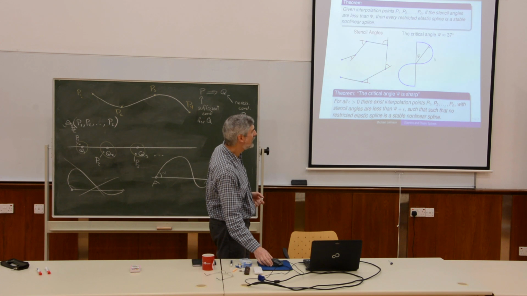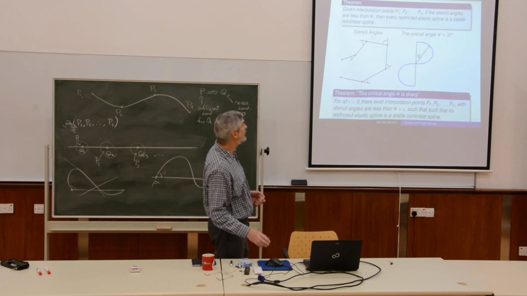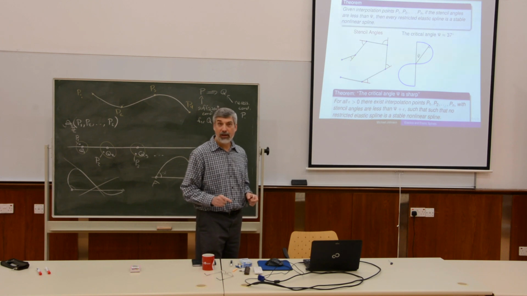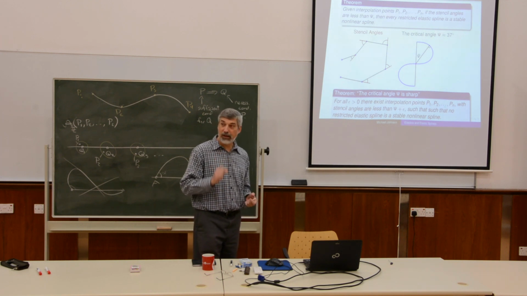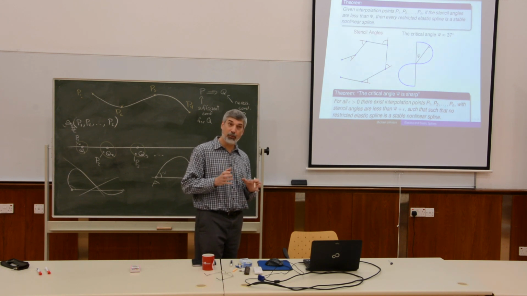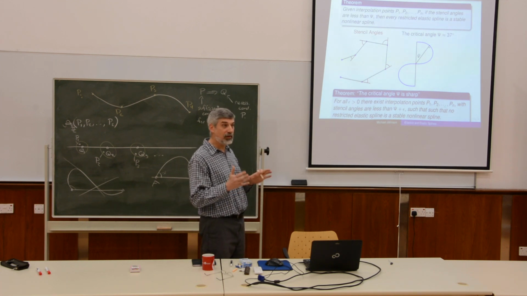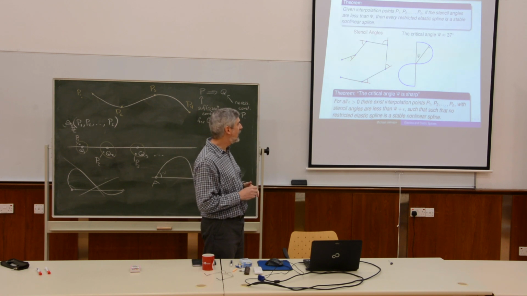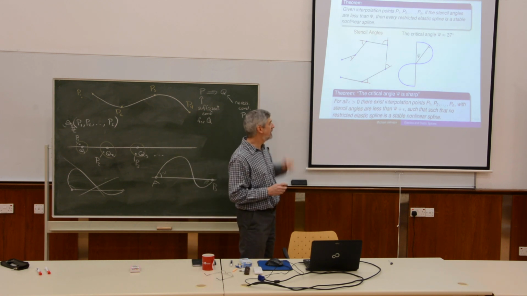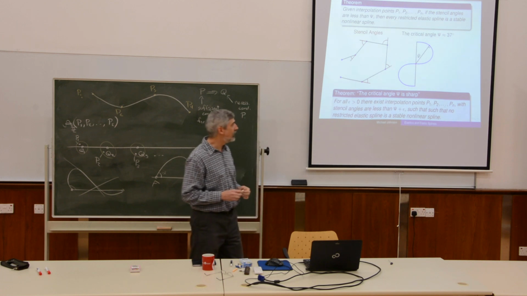This is rectangular elastica. So there's a unique point where it makes a 90-degree angle there, and then this is psi. So if all the stencil angles are less than psi, then the restricted elastic spline will be a stable nonlinear spline. So existence of stable nonlinear splines is now proved, provided all the stencil angles are less than this 37 degrees.